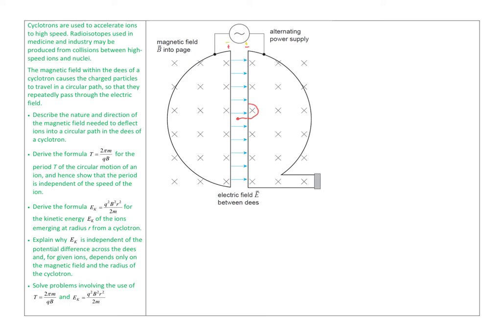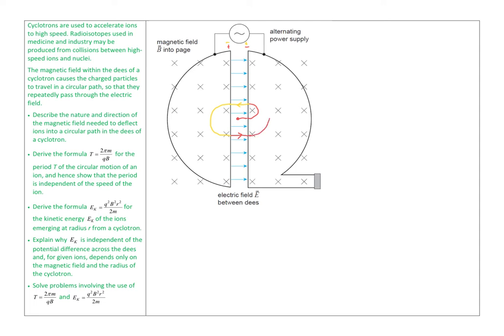So when the positive particle reaches here, it gets accelerated across here, it gains some more velocity, and then it goes back into the magnetic field, and because it's moving faster, it'll have a larger radius, and it will come around here like this, and it will be ready to enter the magnetic field again. And you guessed it, the supply will reverse again at this point, so it will get accelerated across this way, and then it'll go back into the magnetic field.